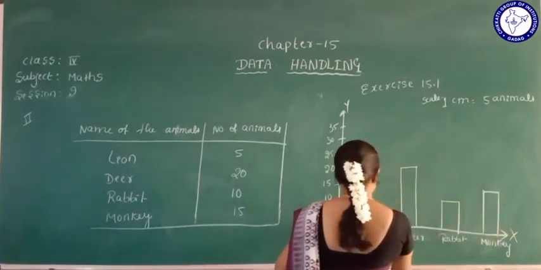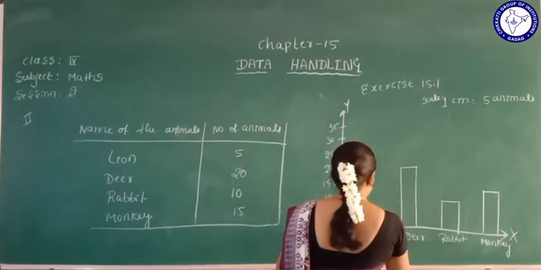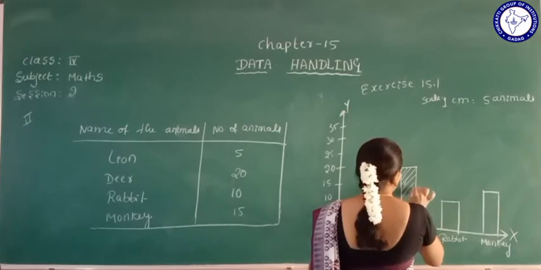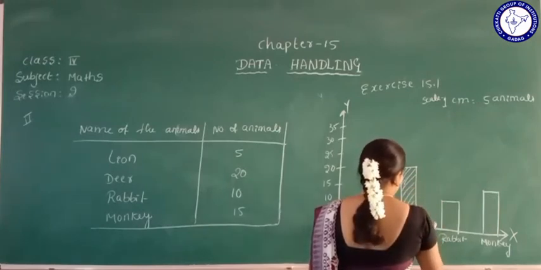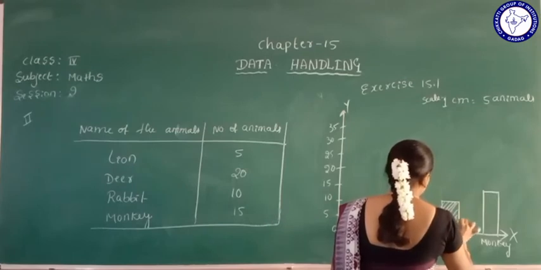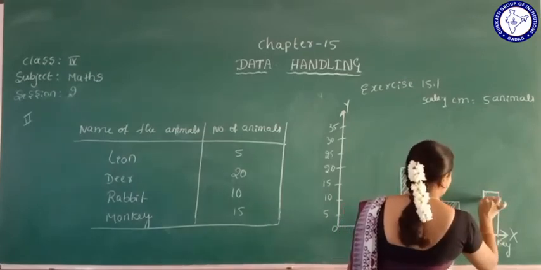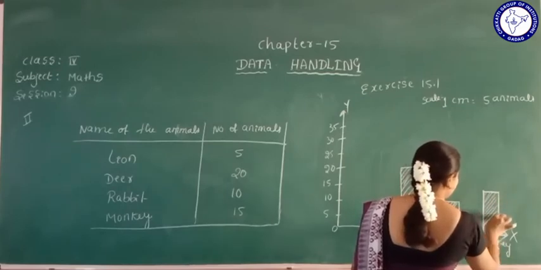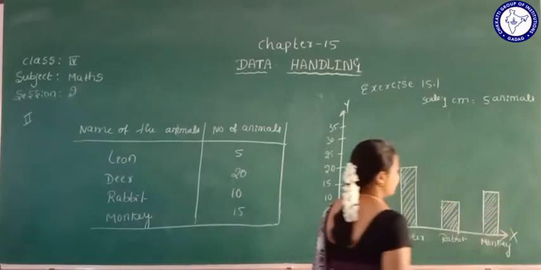Yes, so this is the bar graph of animals in the zoo. So lions are 5 and deer are 20. Then rabbits are 10 and monkeys are 15 in number.